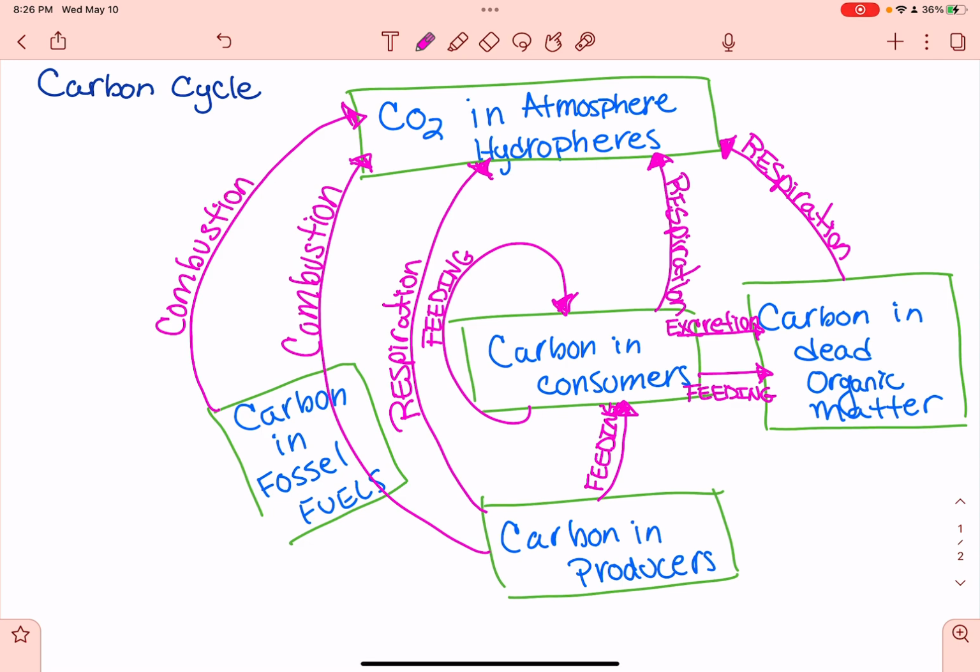Then we have the partial decomposition and decomposition of our producers and our consumers, can be both, turning into our fossil fuels. So that process is called fossilization.